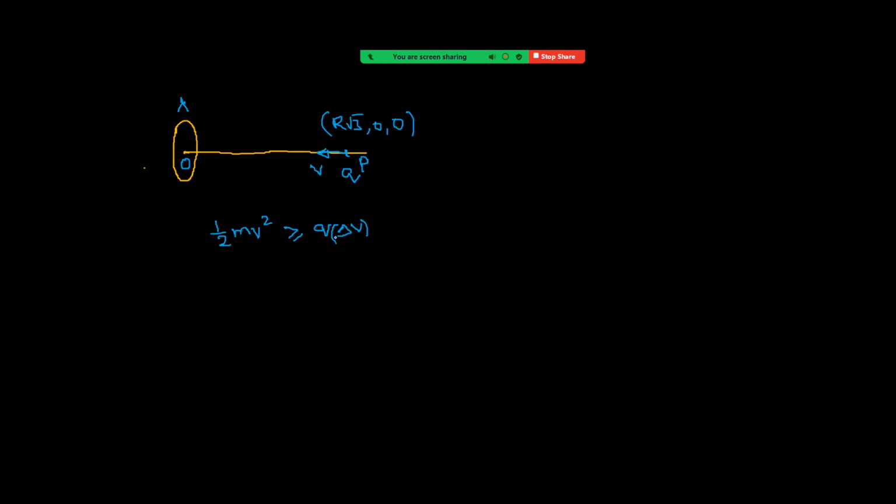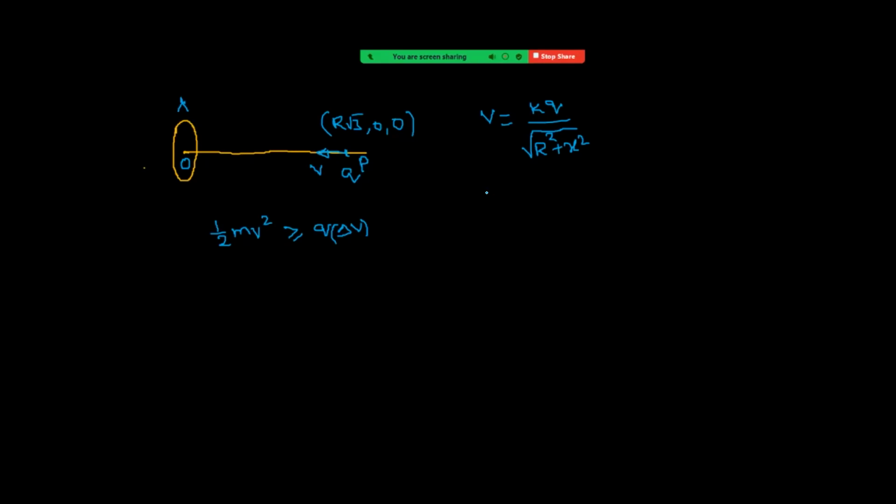Now see carefully, on the axis of a circular wire, the potential is equal to KQ by square root of R square plus X square. That is the potential on the axis of the ring.